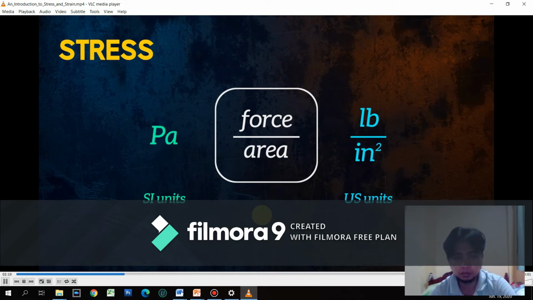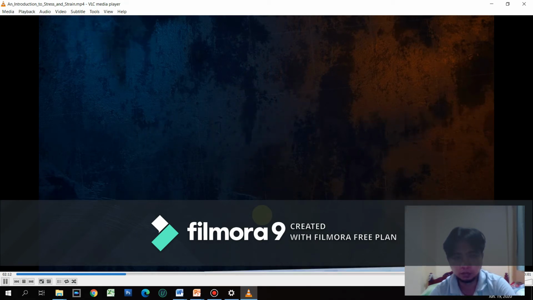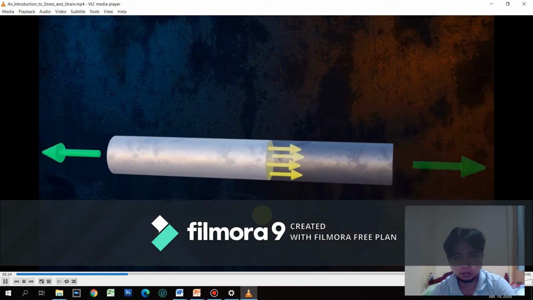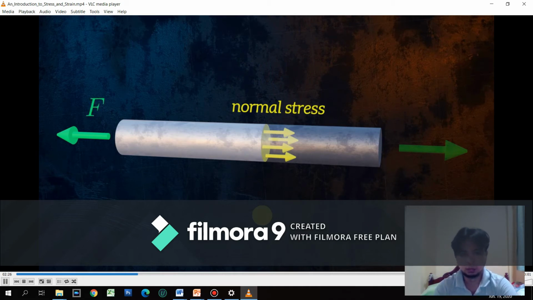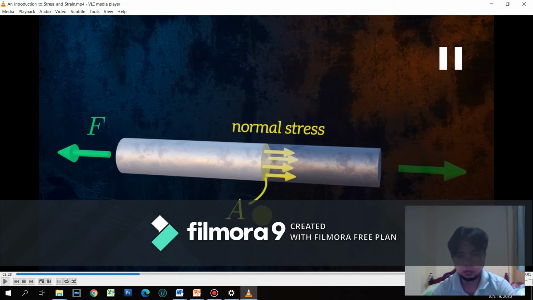In the case of our axially loaded bar, the internal forces are acting perpendicular to the direction of the cut we made. This type of stress is called normal stress. We can calculate the normal stress in our bar as the applied force F divided by the cross-sectional area A of the bar. As mentioned earlier, these arrowheads could be represented by many arrowheads or a single arrowhead.